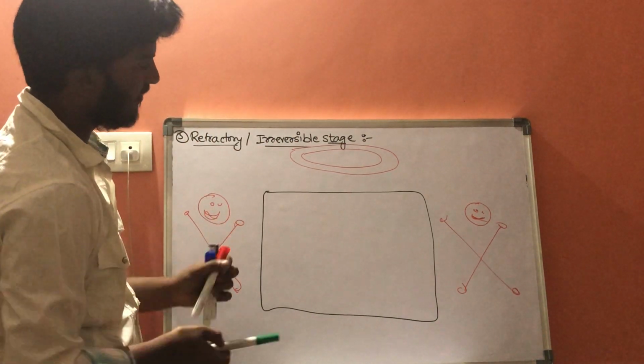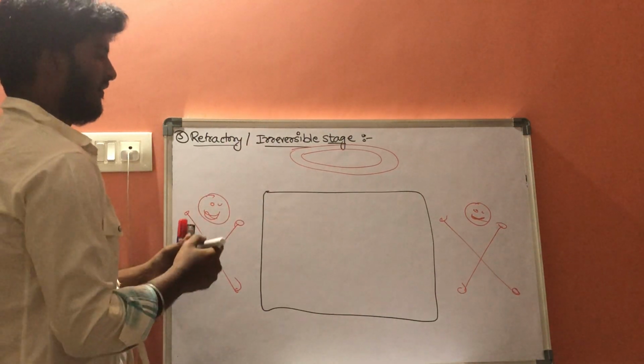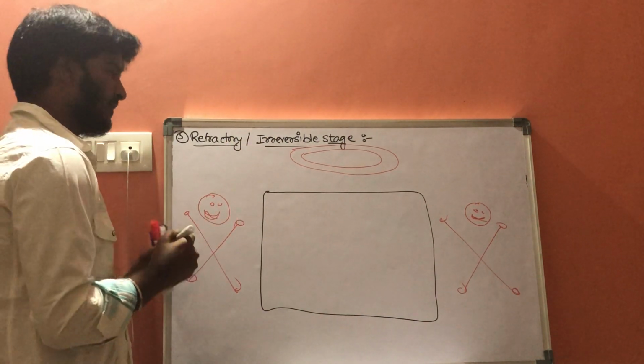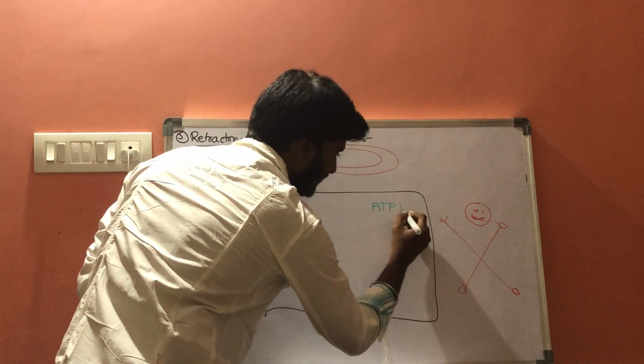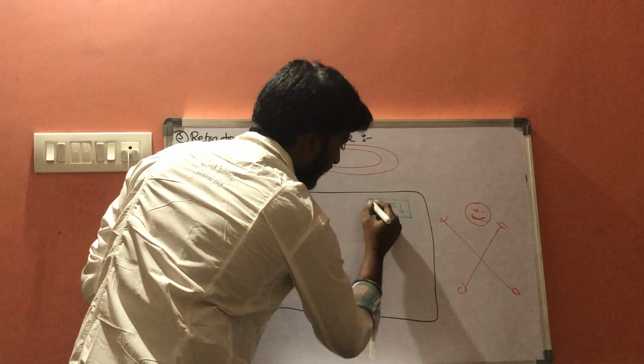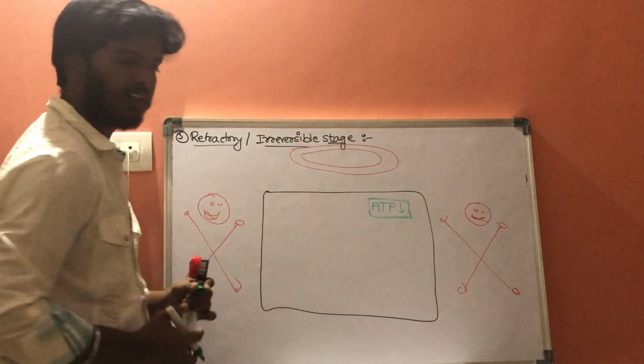Whenever the person enters into the irreversible stage, the first condition that can be seen is a decrease in ATP level. The concentration of ATP within the cell will be decreased.